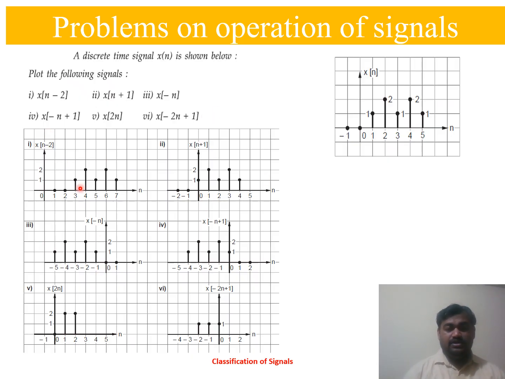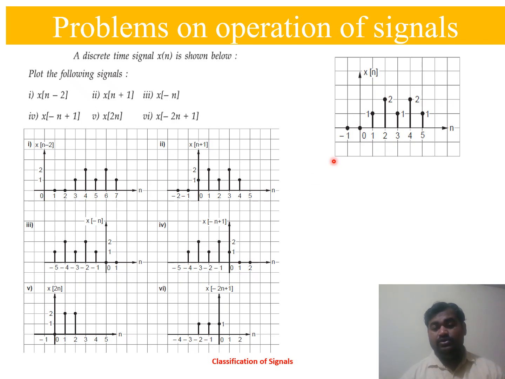Next, third one, x of minus n. I already told this is nothing but time folding or time reversal. Whatever signal is present on the positive side goes on the negative side. For example, here minus 1, 0. This minus 1 goes to the plus 1 side.